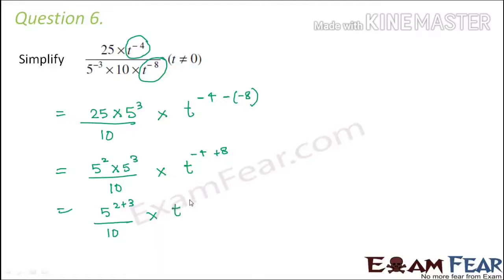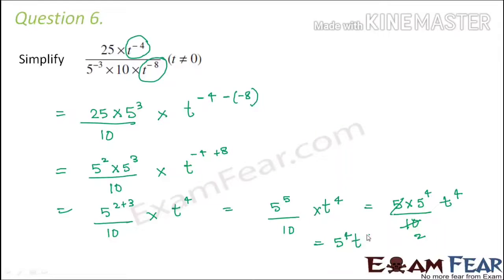So t to the power 4, so this becomes 5 to the power 5 divided by 10 into t to the power 4. Now this can also be written as 5 into 5 to the power 4 by 10. So 5 2s are 10 and t to the power 4. So final answer would be 5 to the power 4 t to the power 4 divided by 2.